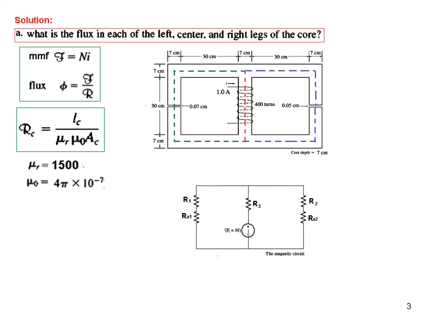Then Rg1 is the reluctance due to the air gap. Similarly, right hand side, R2 is the reluctance of the core, and Rg2 is the reluctance of the air gap, and R3 is the reluctance of the middle leg, and this MMF can be shown like a voltage source.